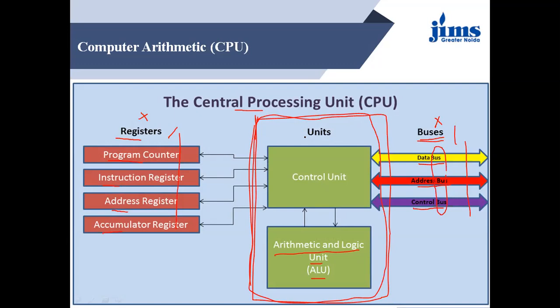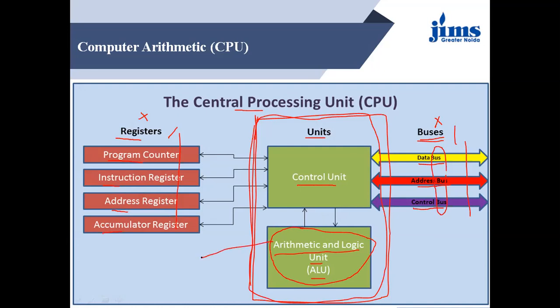This central unit has two parts. First one is the control unit that controls the signal and controls the operation, whereas the second unit, that is arithmetic and logic unit, performs the arithmetic and logic operations.